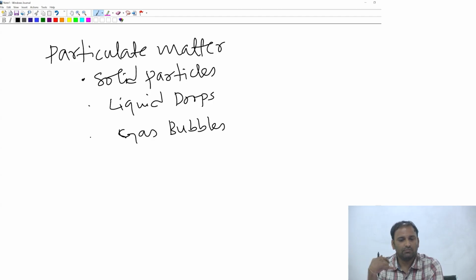Now, if you want to distinguish the three, can you think of one parameter which differentiates solid particles from the other two?